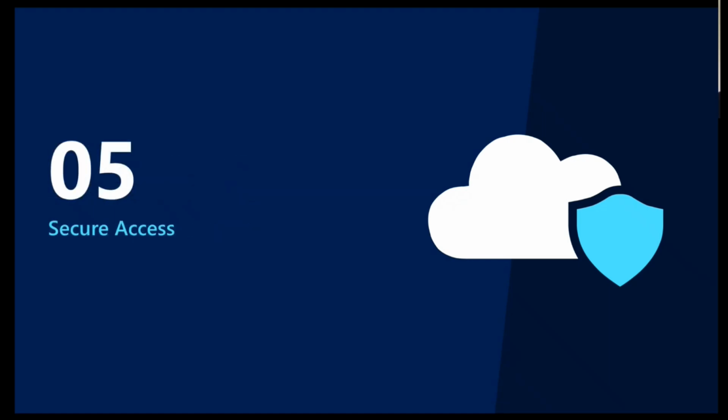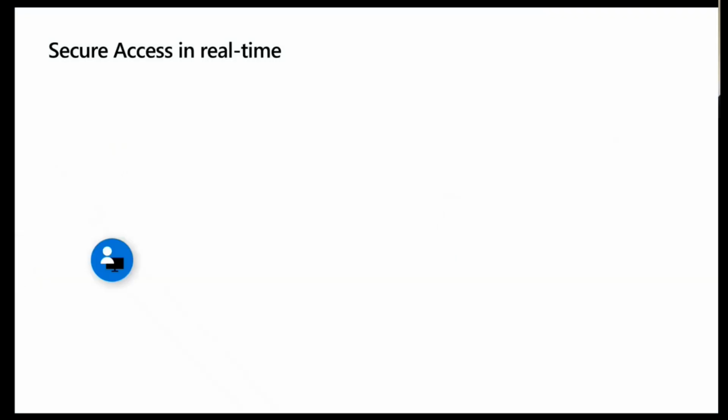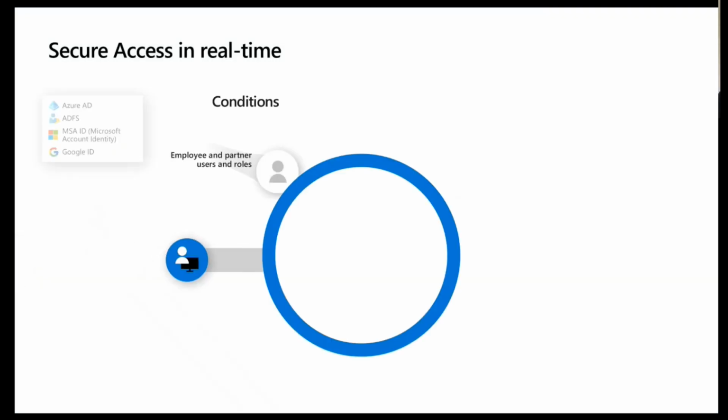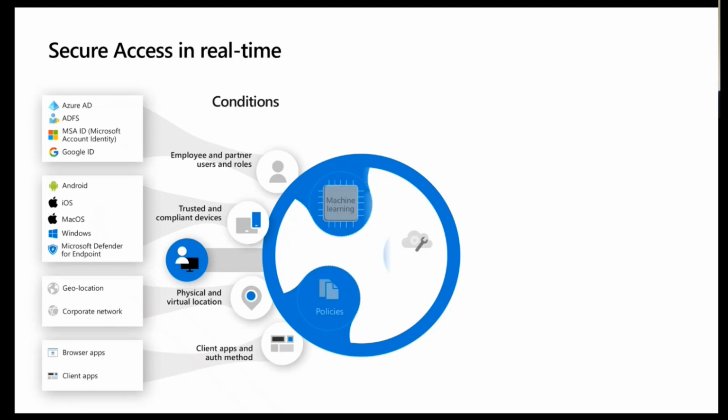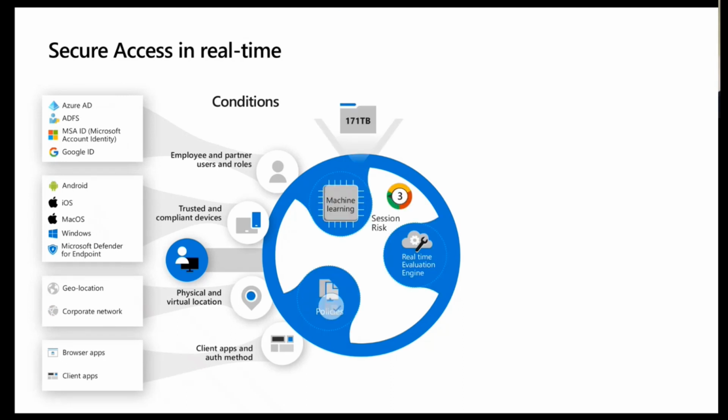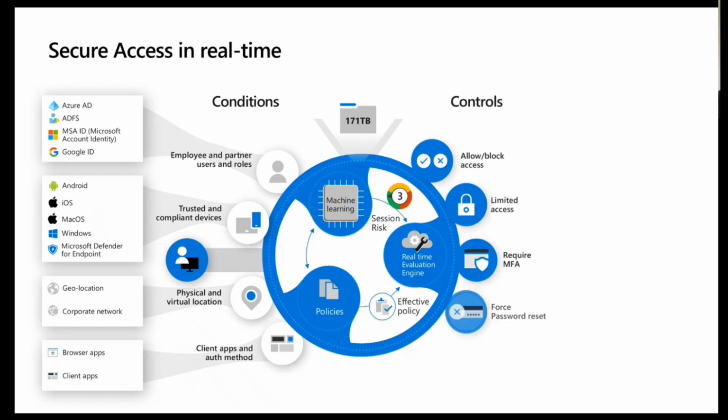And let's move on to the next phase, secure access. So what are we talking about when we say secure access? The idea here is to apply protection in real time. Everything we talked about prior with the information protection is done through what we call app connectors.